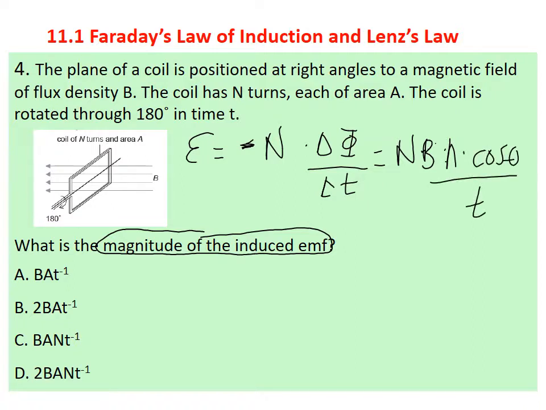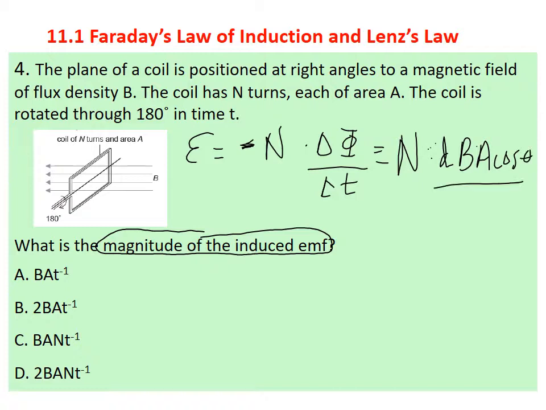Sorry, I left off the derivative, dt, and this can be a d out front here. Let me just redraw that. Can't be leaving off my derivatives. So rewriting this not to include the negative sign, N d(B A cosine theta) over dt.